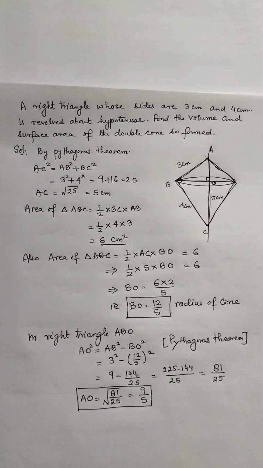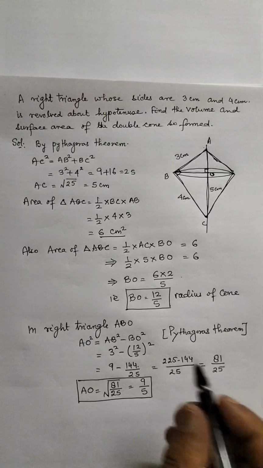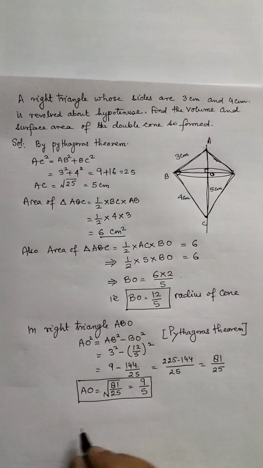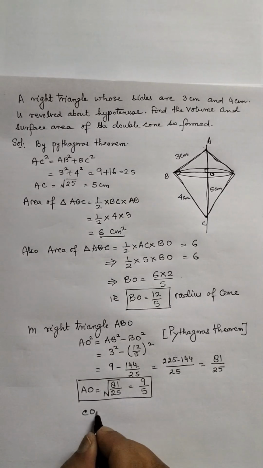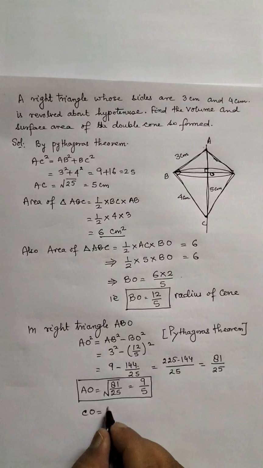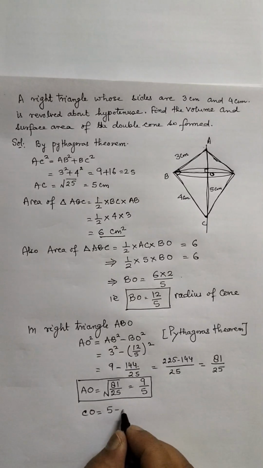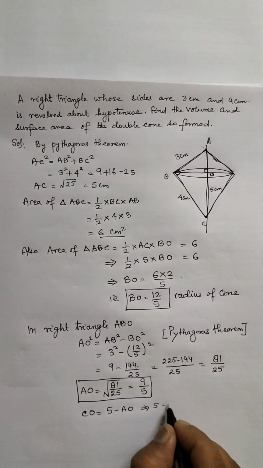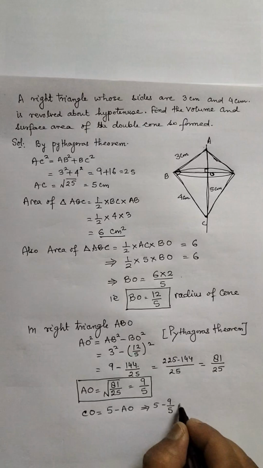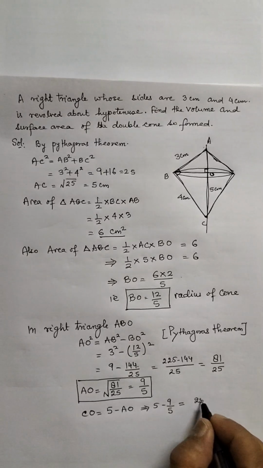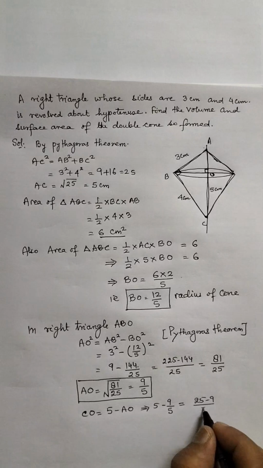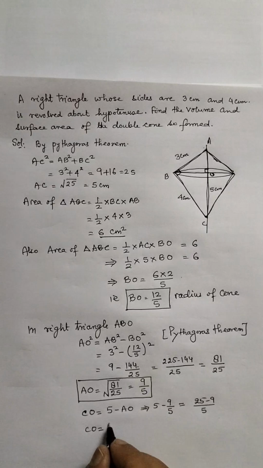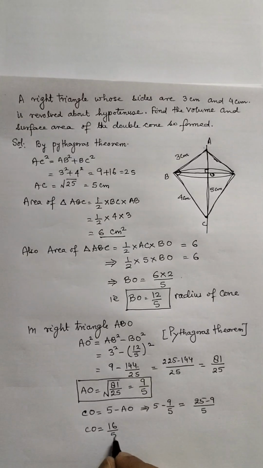So now we get AO as 9 upon 5. So CO is 5 minus AO, which is 5 minus 9 upon 5, and this is 25 minus 9 upon 5, or CO is equal to 16 upon 5.